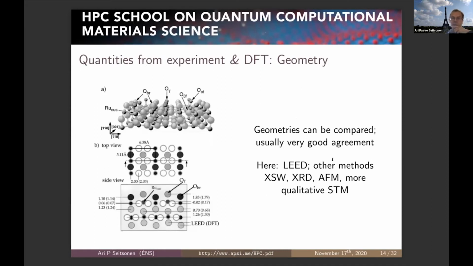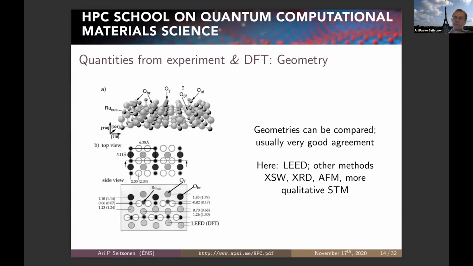Another quantity which can be compared directly to the experiments is, of course, the geometry. When we optimize the structure, we try to find the geometry which gives the lowest possible energy in the system.